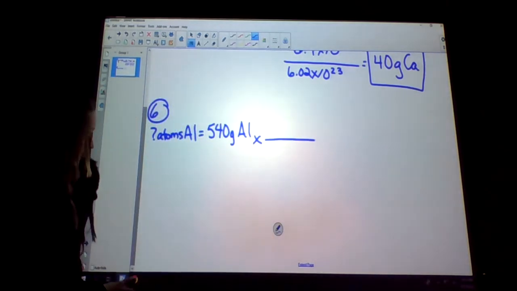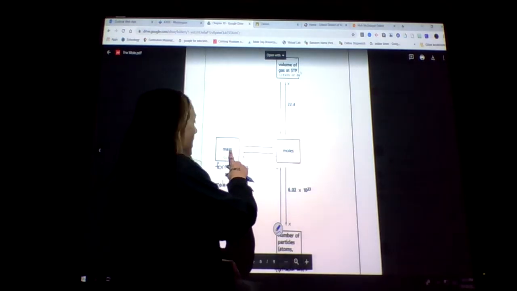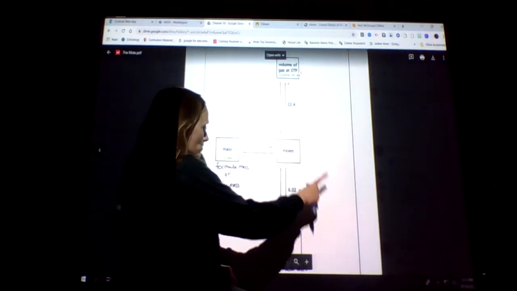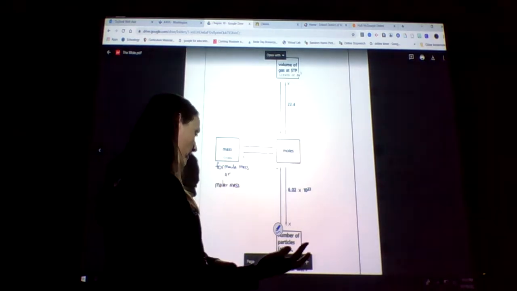Okay, so when I look at my mole diagram, I am starting here at mass, I'm going to go to moles, and then I go back down to our number of particles or atoms.